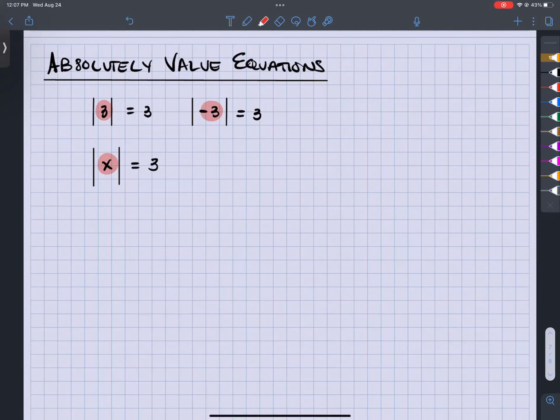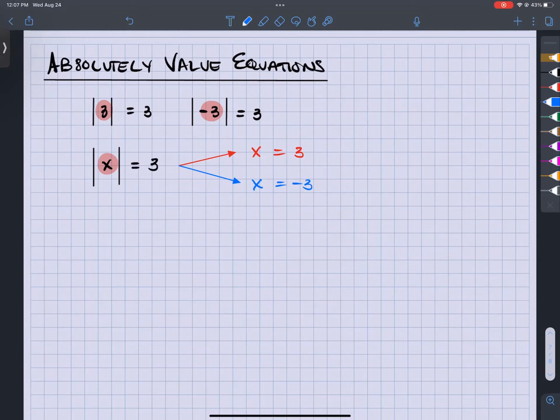So anytime I have this, I have to write 2 different equations: the inside x is equal to that 3, but that x is also equal to -3. Notice that the inside is equal to the positive of that side and also the negative of the other side. Okay?